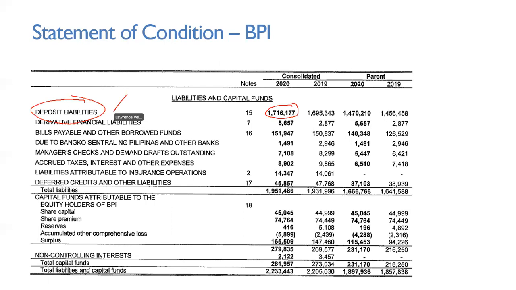Okay? Kasi the main source of financing naman talaga of banks are deposits. Okay? Pag nag-deposit ka sa banko, may utang yung banko sa'yo, di ba? Kasi kailangan mong ibalik yung pera sa kanya, sa customer. Right? Kailangan ibalik ng banko yung pera sa customer anytime. So that's why deposit liabilities are liabilities of the company.